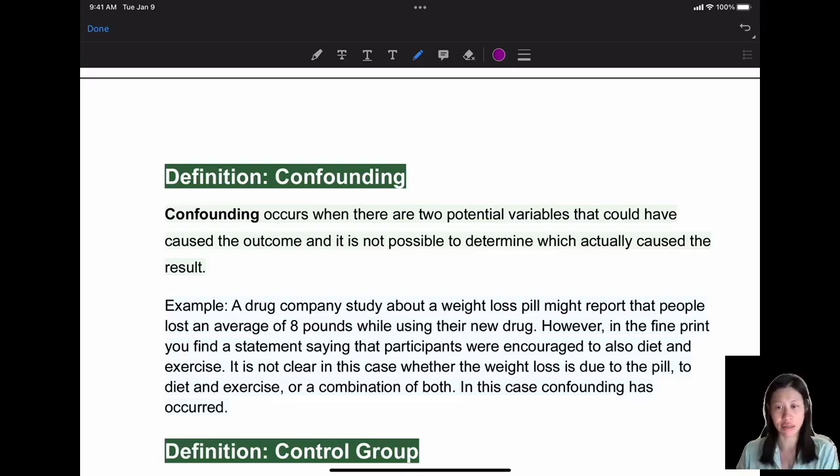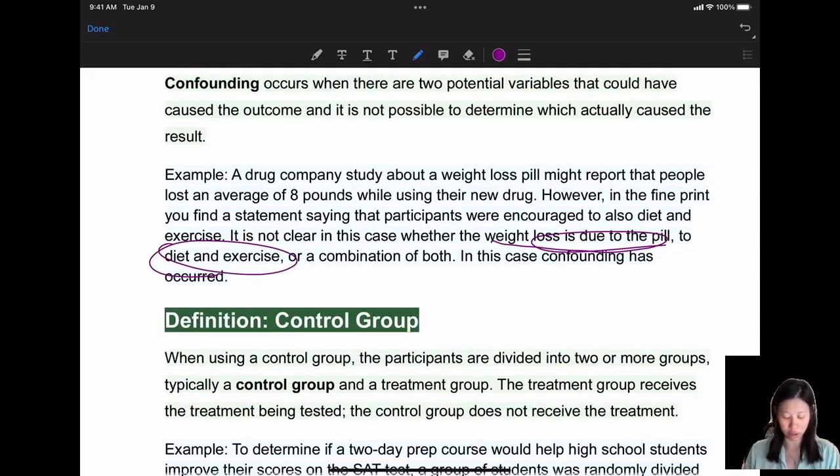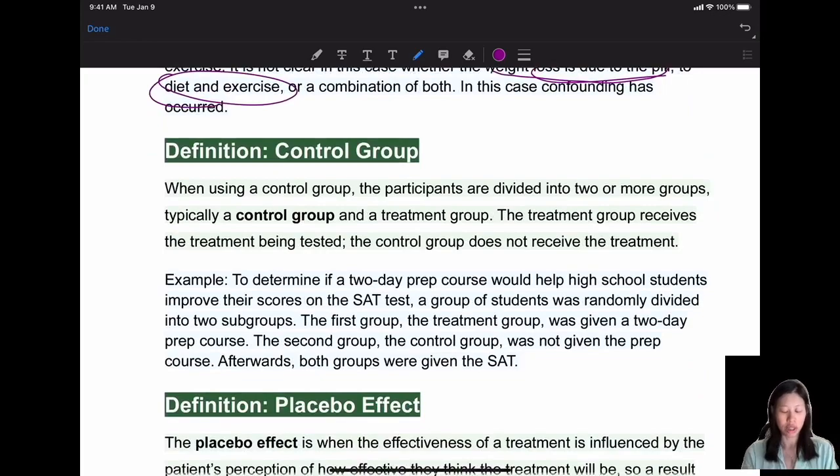So in this case, confounding has occurred, because you have more than one variable in this experiment that could lead to the result. Okay, control group.